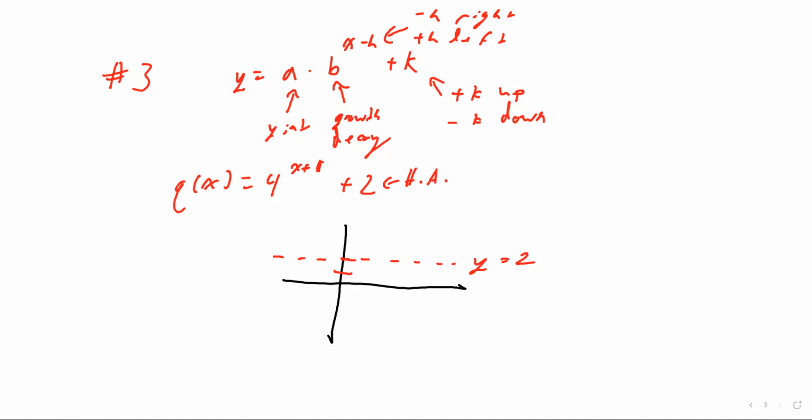All right. This plus 1 does tell me I need to go left. So this is how I kind of want you to think about it. What's my y-intercept? 1. Right? That's still my a. So it's still going to be a growth. So my b would be 4, which tells me it's a growth.